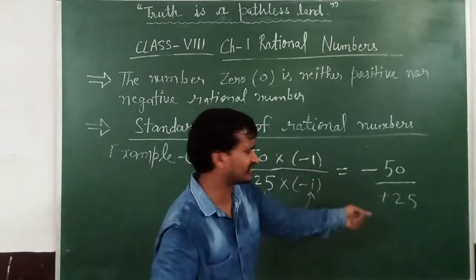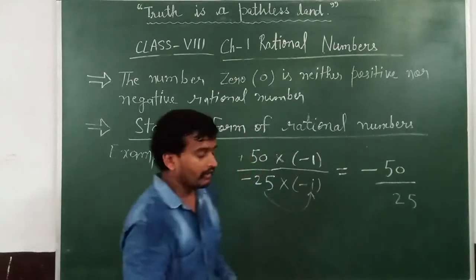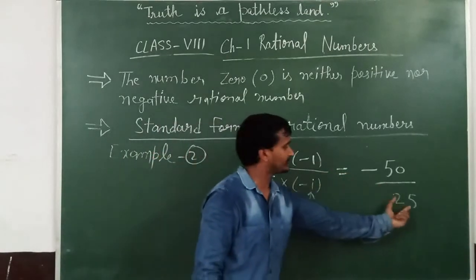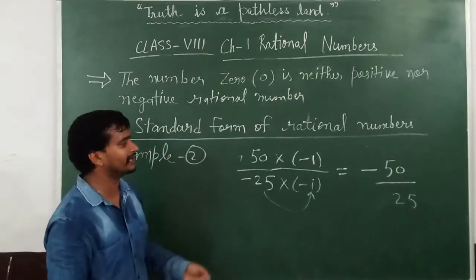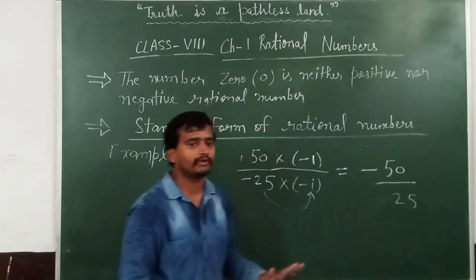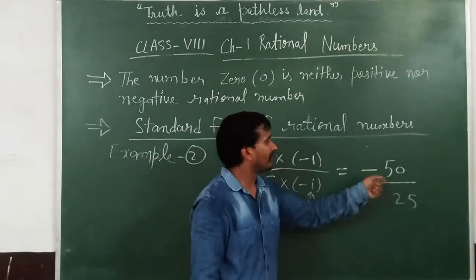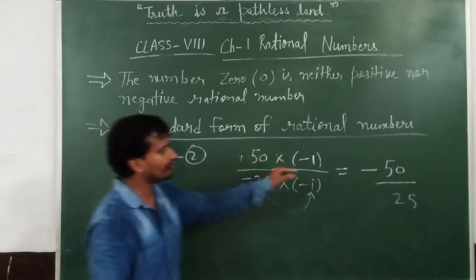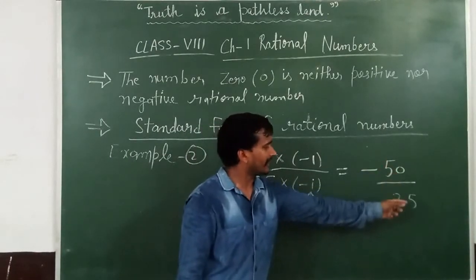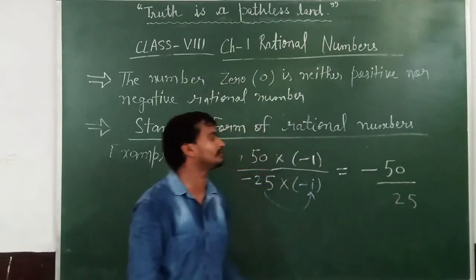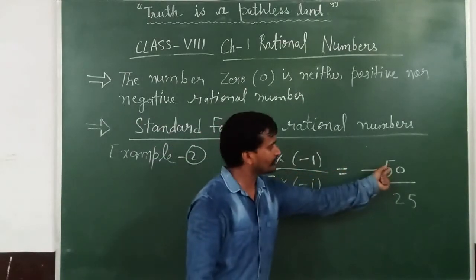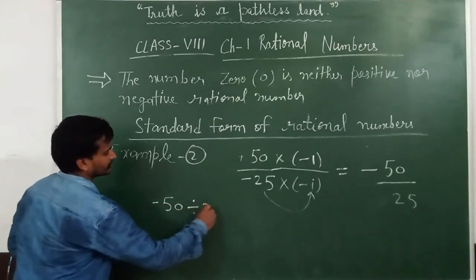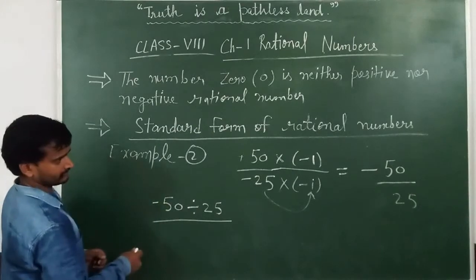We can remove this sign. Now minus 50 upon 25. The first condition is fulfilled. The denominator is positive. The second condition is numerator and denominator both have no common factor other than 1. But here 50 and 25 are also divisible by 5, and also by 25. So to convert it into lowest form, we can divide both numerator and denominator by the same number, and that is 25.